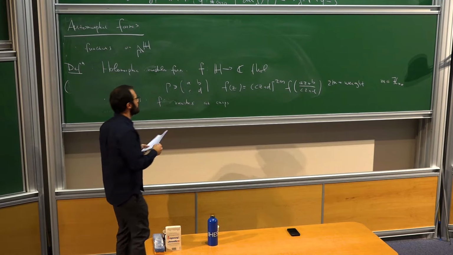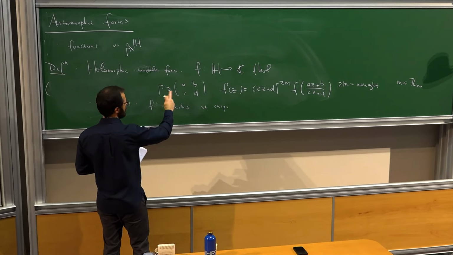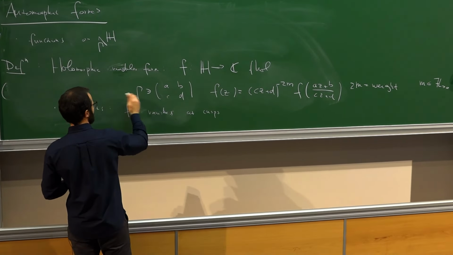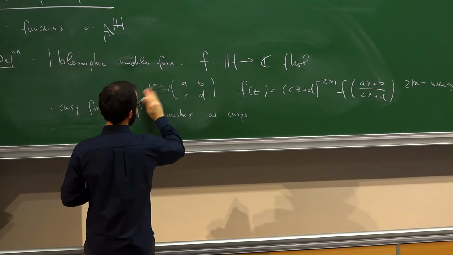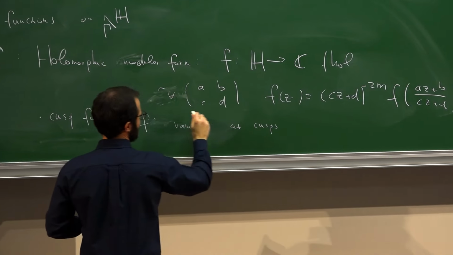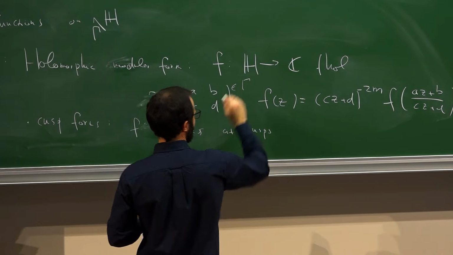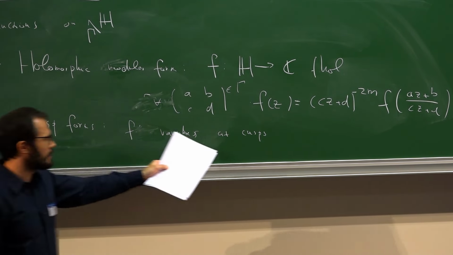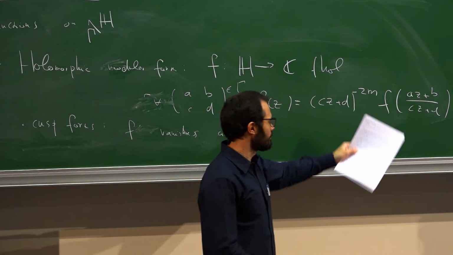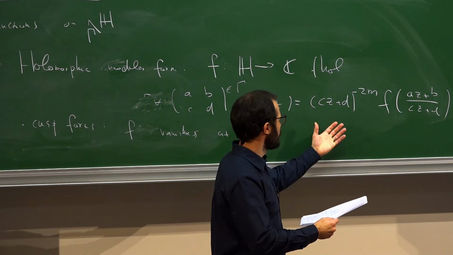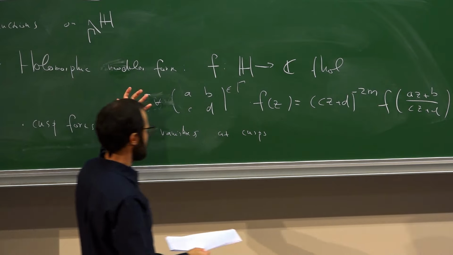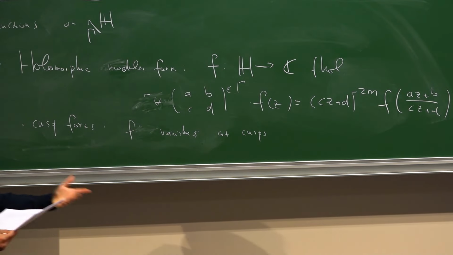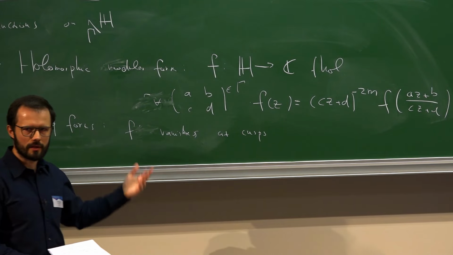No, sorry, this is for all elements of gamma. I guess I should write it like that, for all in gamma. So f is a section of the nth power of the canonical bundle over that surface. It's some kind of nice holomorphic function on that surface, but doesn't have to have weight 0.